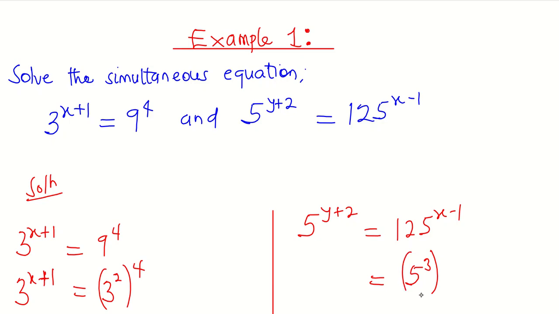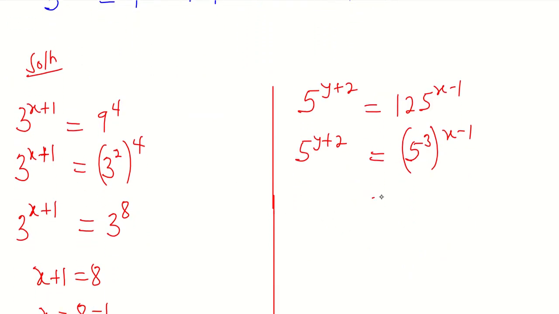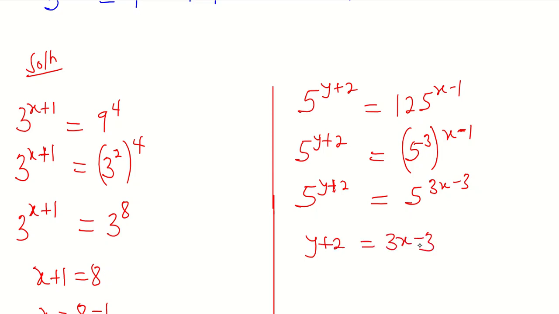Now we have our existing exponent as x - 1, so on the right-hand side we have 5^(3x-3), when 3 multiplies the exponent x - 1. We maintain the left-hand side, 5^(y+2). Now we can see that the bases are the same, so we can equate the exponents, which means y + 2 = 3x - 3.